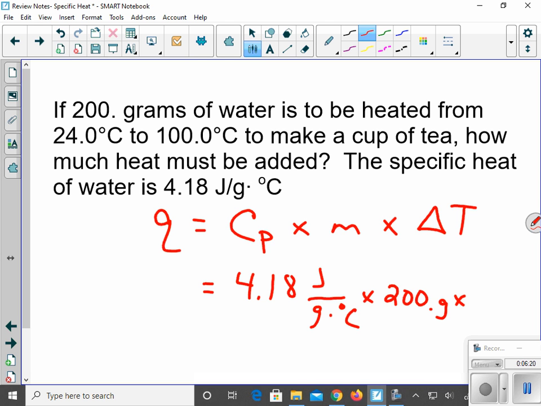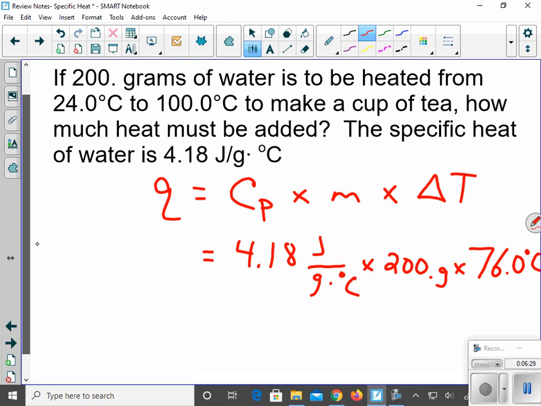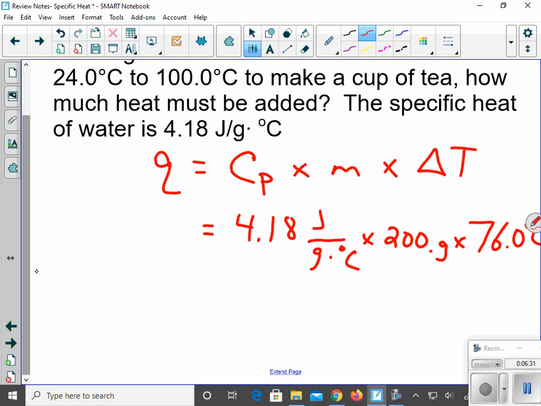My initial was 24, so that tells me that that is 76.0 degrees Celsius. So when I multiply these three together, I take the 4.18, multiply it by 200, and multiply it by 76, and I get a value of 63536.